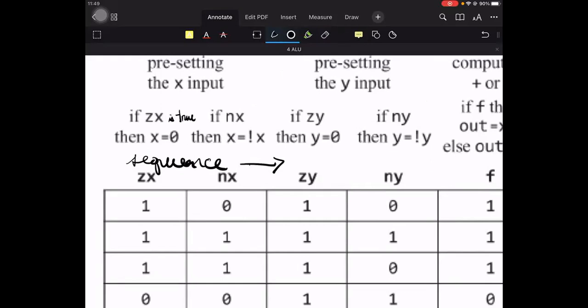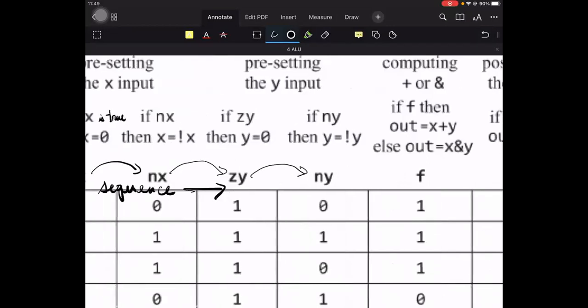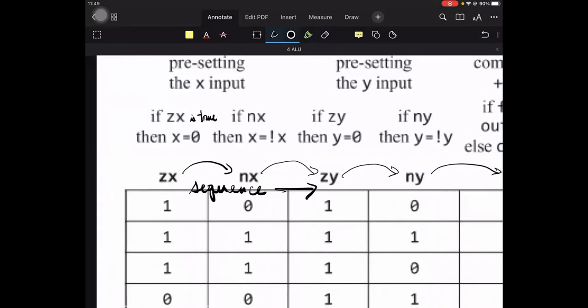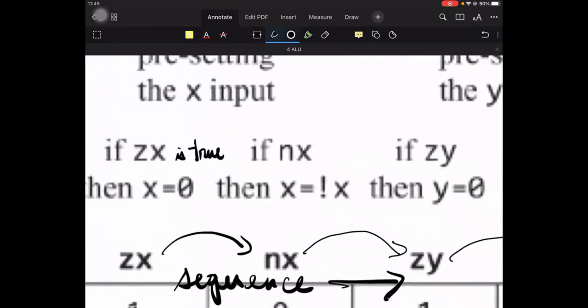Next. So that is the process. Last symbol: if ZX is 1, X is 0.